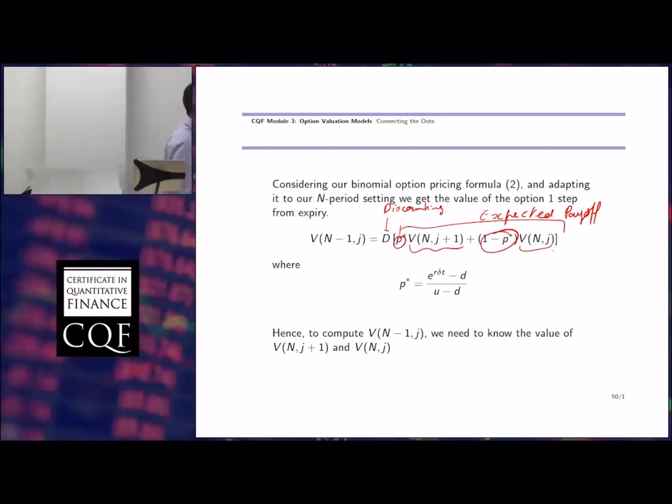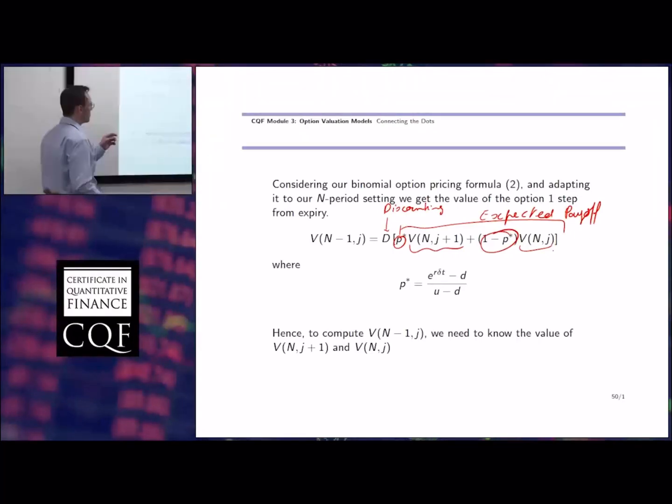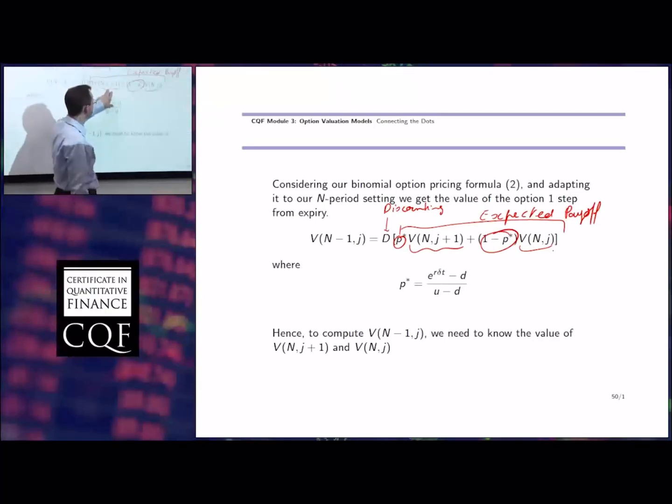So we can do something a bit better with respect to the payoff. If we're trying to price a call option, we could really put the maximum of the stock price minus the exercise price, or 0, here and there.